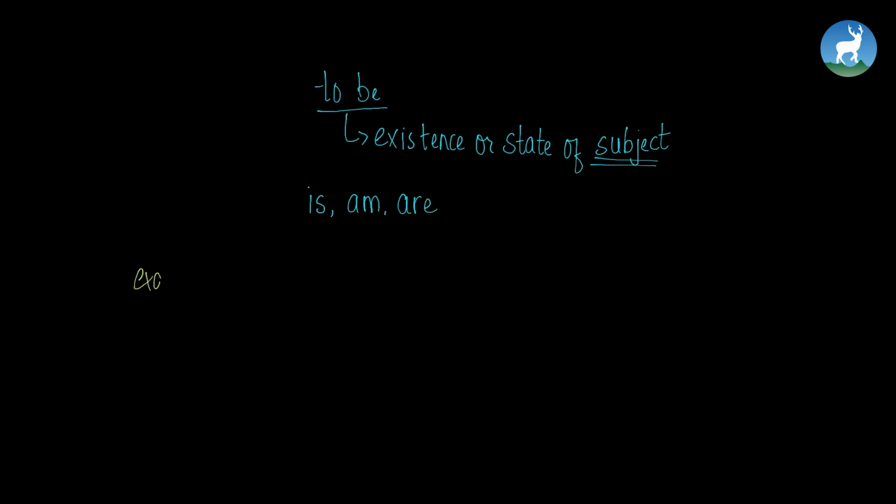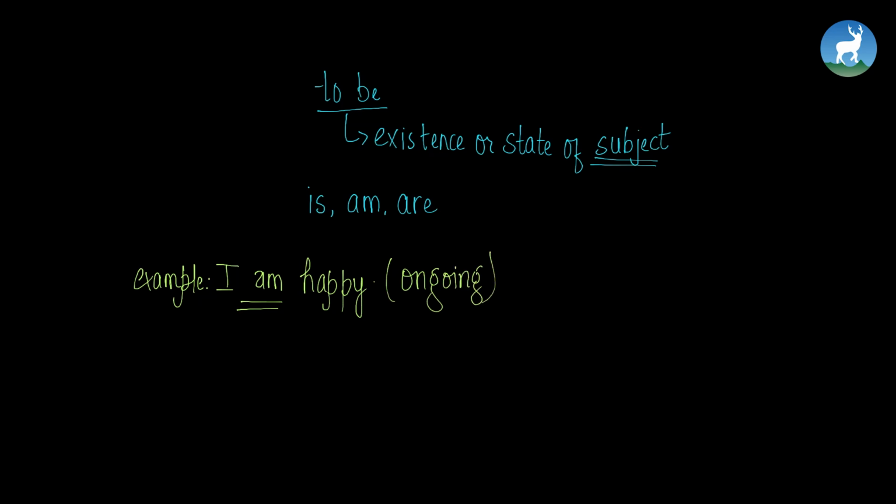For example, I am happy. See here, I took this statement to describe the ongoing permanent condition. Right now, at the moment, I am happy. It's ongoing and it's permanent for the moment, right? Now let's take one more example.